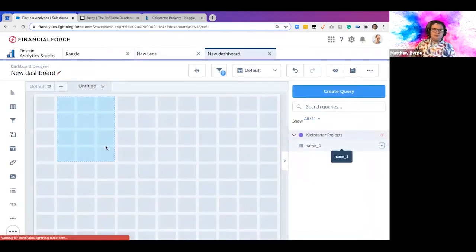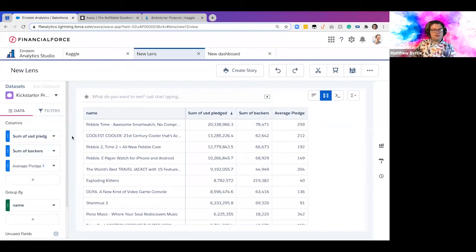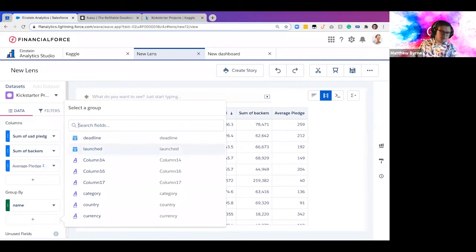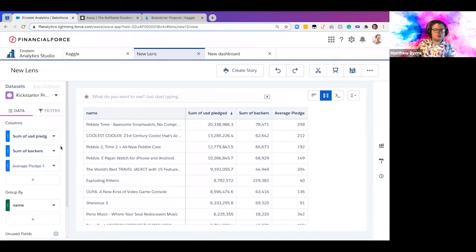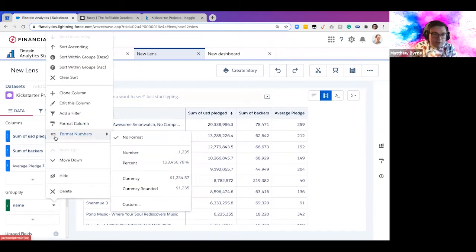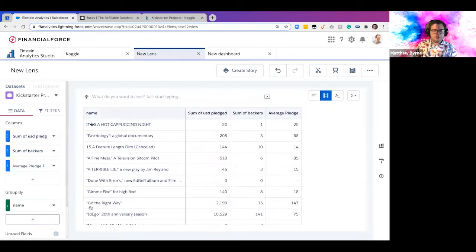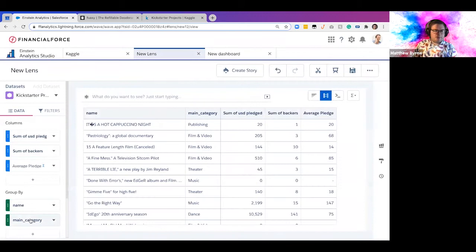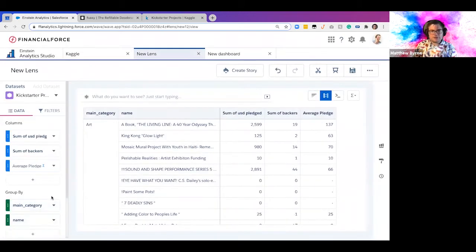Okay, we can also go ahead and have a look at different categories. There we go. So let me unsort this column because I'm going to clear sort, add in a category, and there's multiple categories here. I'm going to choose the main category. There are a number of different categories related to this information.